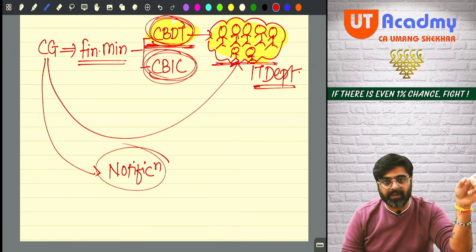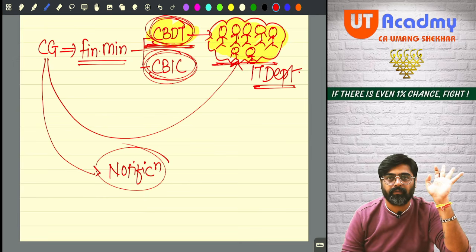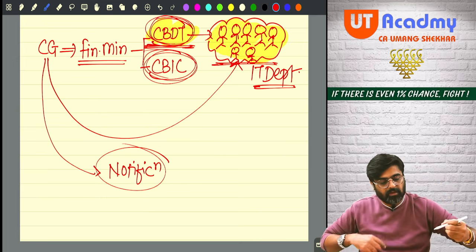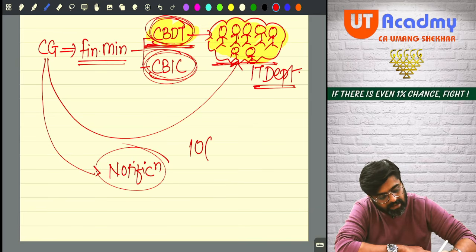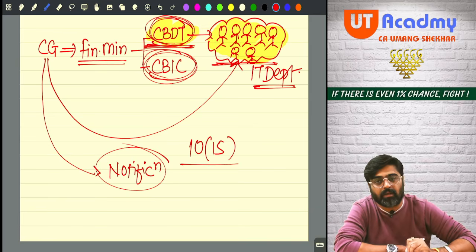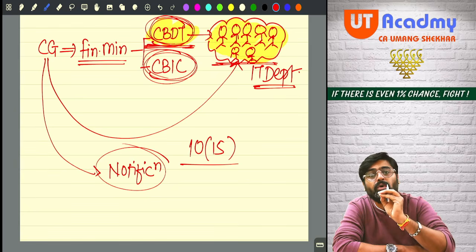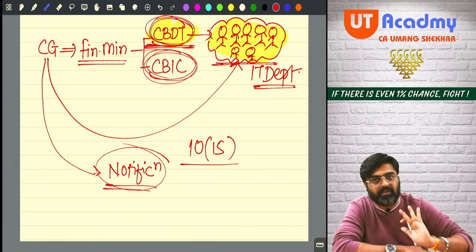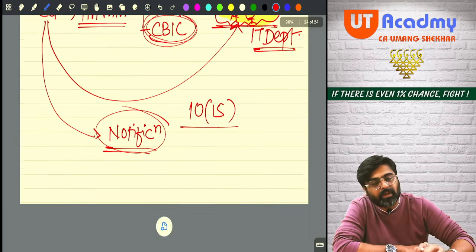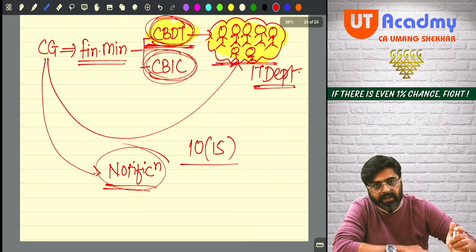For example, I will give you an example, then you will understand this. See, there is one section, section 10, subsection 15, in the Income Tax Act. We will learn this section later on, but I am just giving you a basic idea so as to understand the concept of notification. So there is one section, section 10(15) in the Income Tax Act.